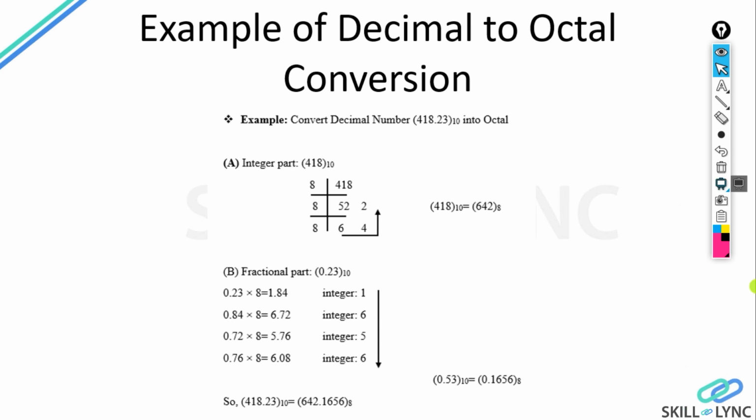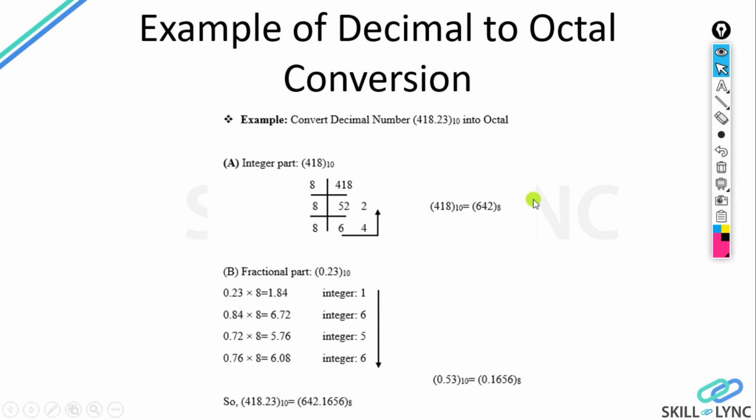Before proceeding further, I am just telling you that in decimal the base is 10, in binary the base is 2, in octal the base is 8, and in hexadecimal the base is 16. Because in binary the base is 2, we are dividing the numbers by 2. When we are converting decimal to octal, we are dividing by 8. And when we are converting decimal to hexadecimal, we will divide by 16.